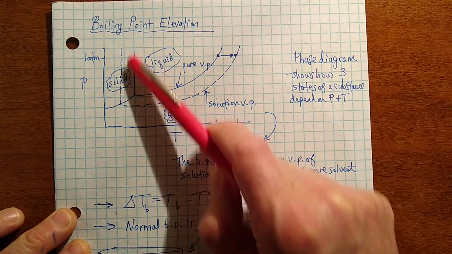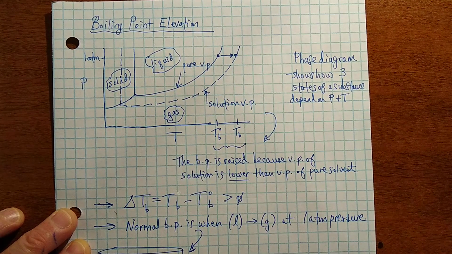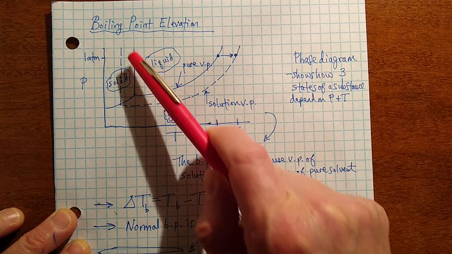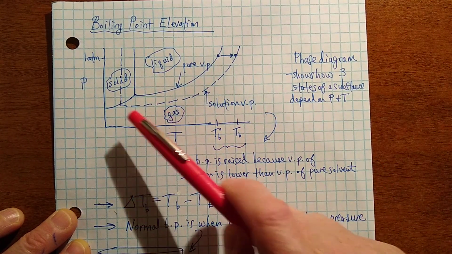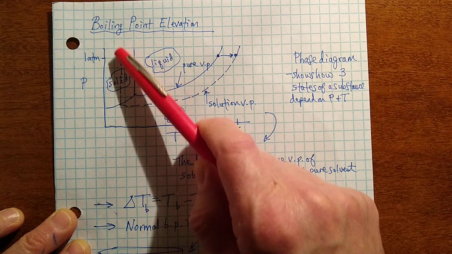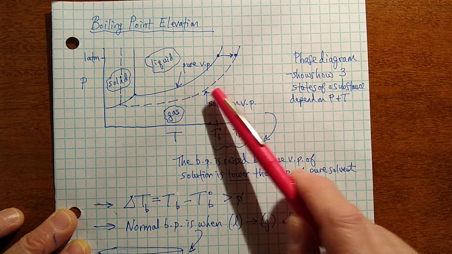So this is a phase diagram. It shows the three states of matter, solid, liquid, and gas for any substance. The solid line represents the pure state, and if the vapor pressure is lowered, the whole graph basically drops to this dotted line.